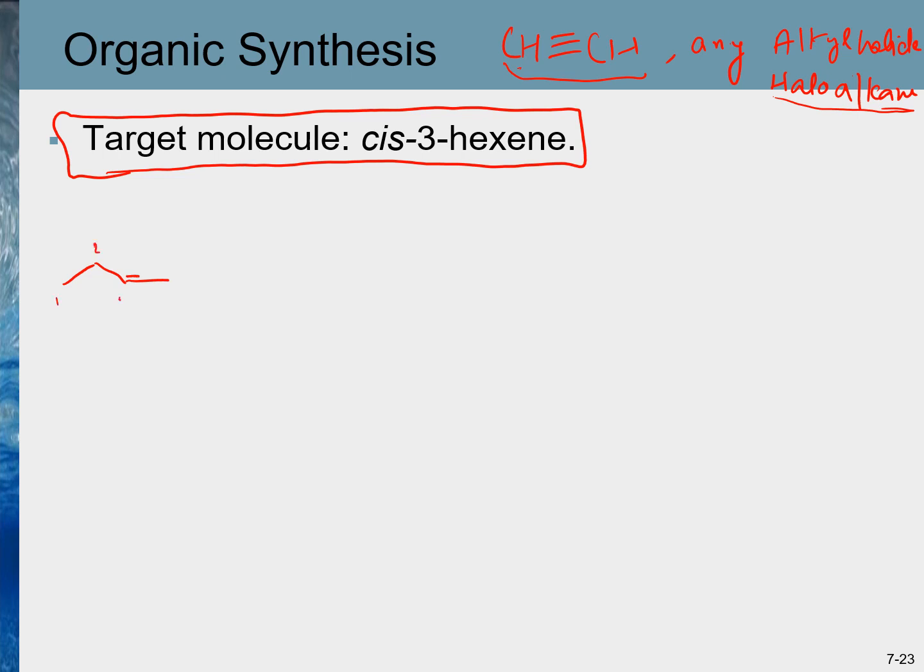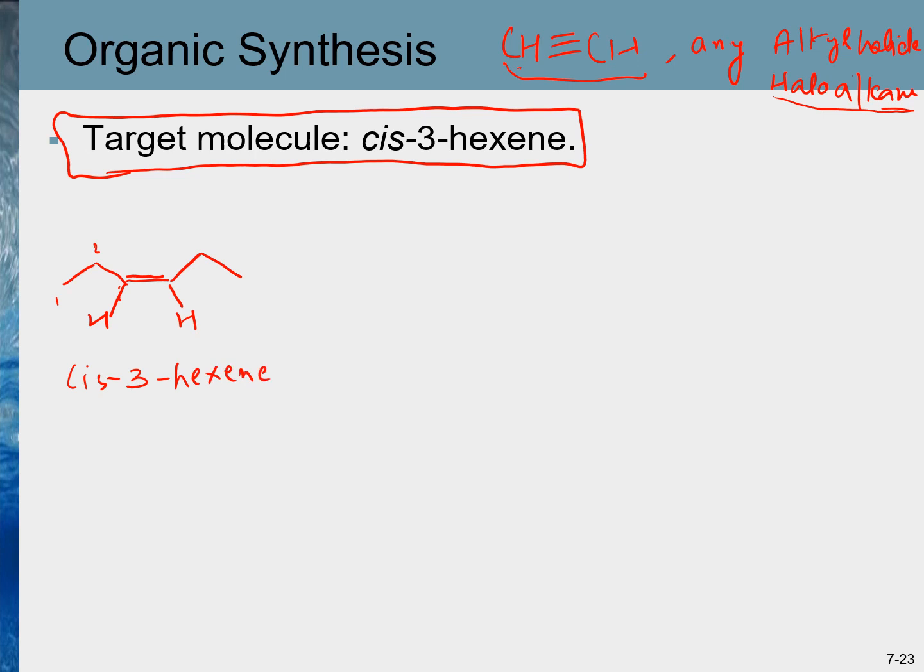At number 3 position we have a double bond. And number 4, 5 and 6, and because it is cis, the hydrogens are on the same side. So this is our target molecule, cis-3-hexene.